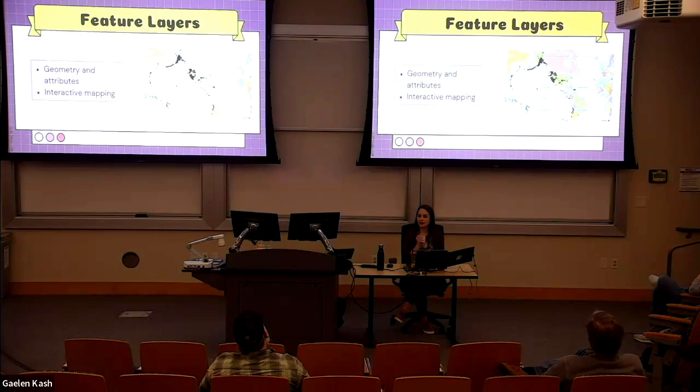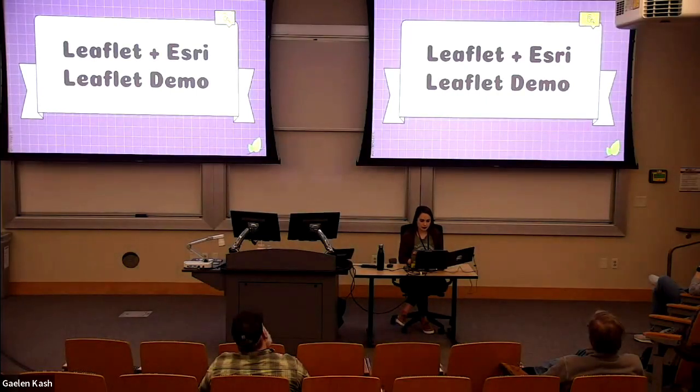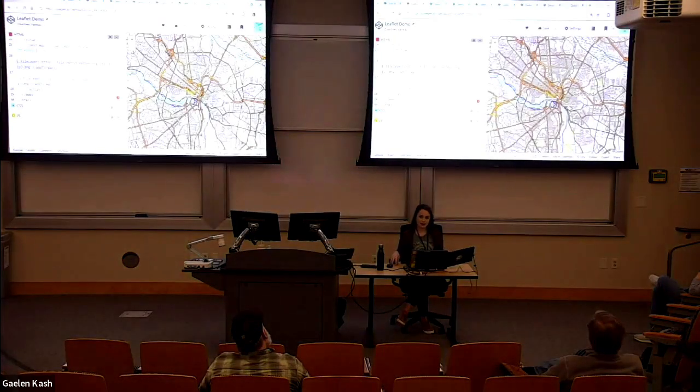These add context to the map, and they allow for interactive mapping, things like querying, editing, and different types of selection. So we're going to use one of those, and to do that, I'm going to use a plugin from Esri Leaflet, which is just an open source library to be used along with Leaflet.